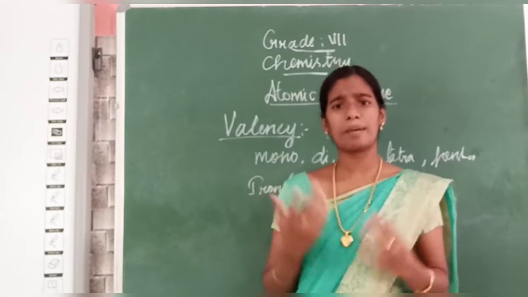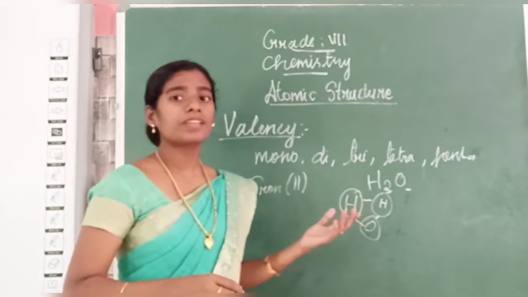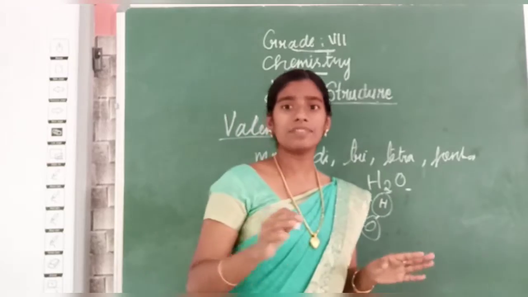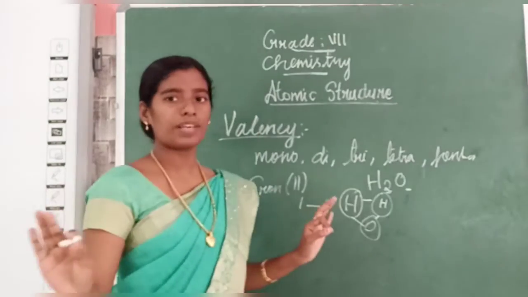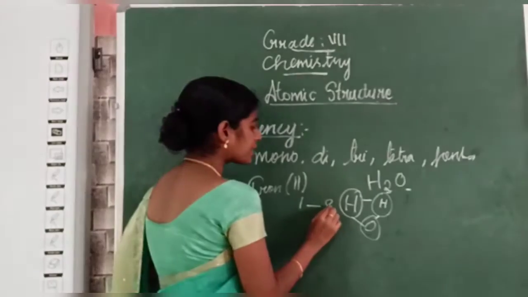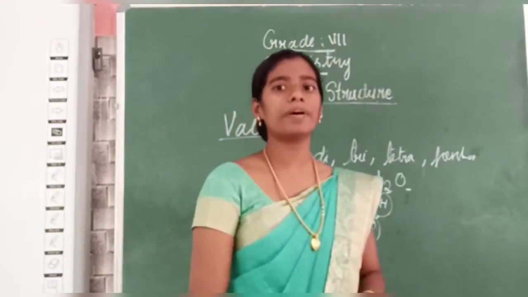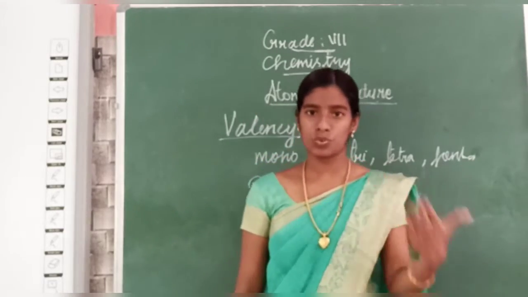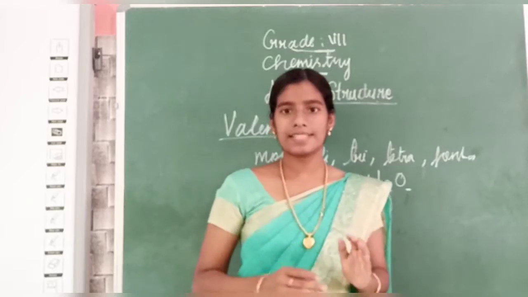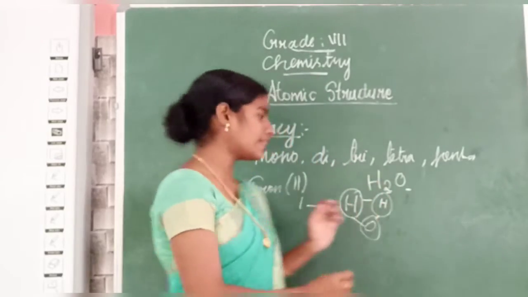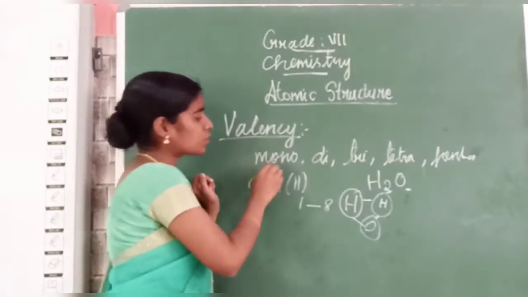Depending upon the number of valencies, they are divided into, before that, the valency will vary from 1 to 8. It will be a whole number. Depending upon this number of valency, it is divided into mono. Mono means its valency is 1.